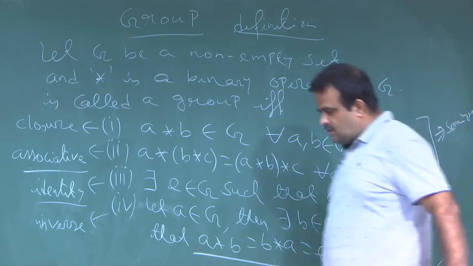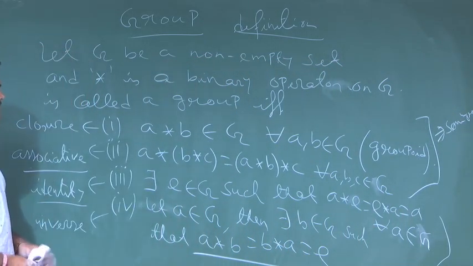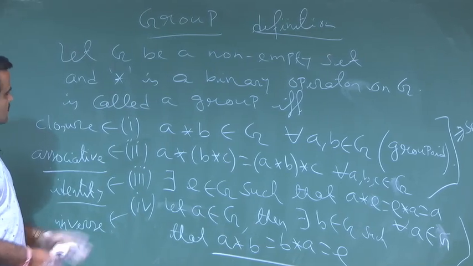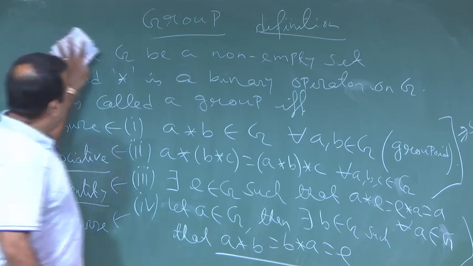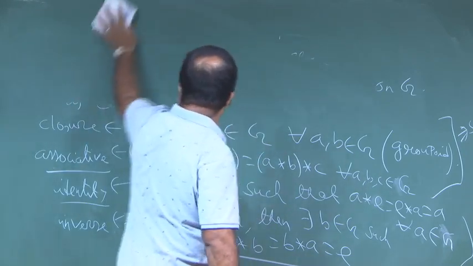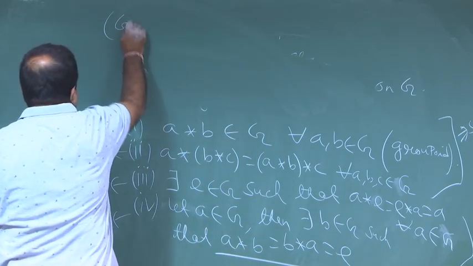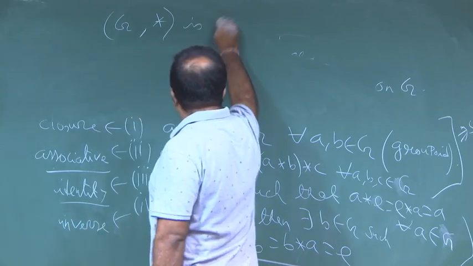Okay. So, this is the definition of a group. Every group has basically 4 properties. If these 4 properties are satisfied, then we call this G along with this algebraic structure a group.